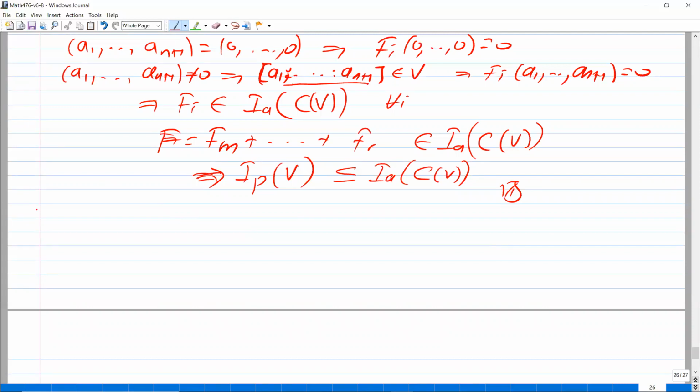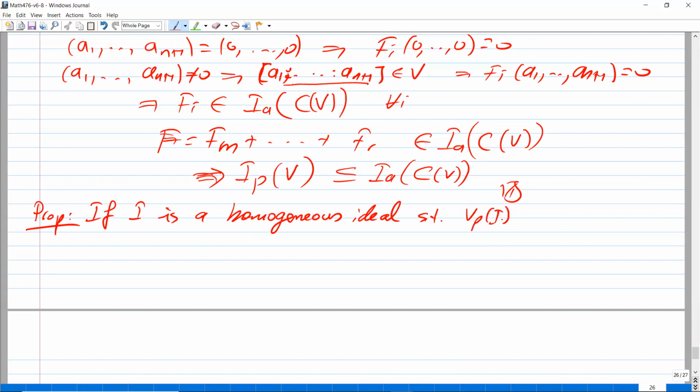Okay, next. Let me write it as a proposition again. Proposition: if I is a homogeneous ideal such that its zero set is not empty, then, if we look at the zero set of the ideal and take the cone over that set, we can think of it this way, or we can think of the zero set of that ideal in the affine sense.